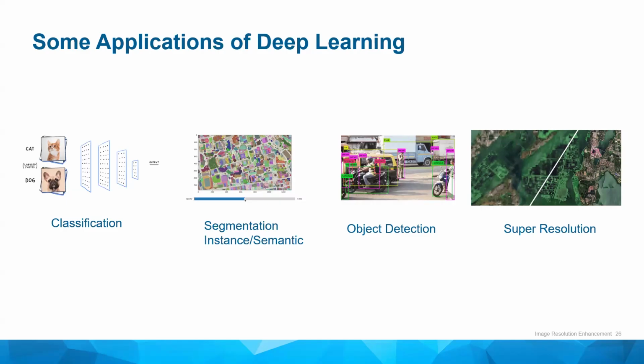Object detection could be used for detecting buildings, vehicles, even trees, if you want to count trees in a satellite image. And like common feature extraction, other stuff. And lastly, we have super resolution, which is the one that we're interested in today.